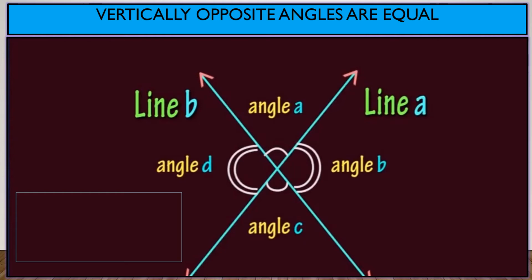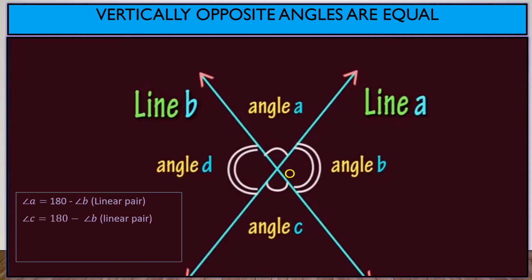Let A and B be two lines which intersect at O, making angles A, B, C and D. We want to prove that angle A is equal to angle C and angle B is equal to angle D. Now, angle A is equal to 180 minus angle B, because angle A and angle B form a linear pair. So, angle A plus angle B is equal to 180.